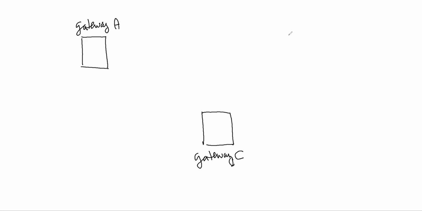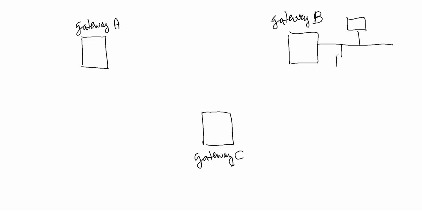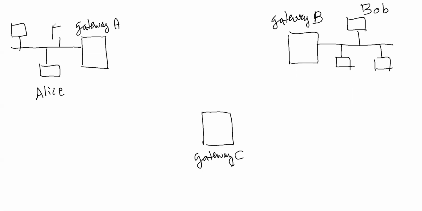I have gateway A, gateway C, and gateway B, with still the same edge networks for Alice and Bob.